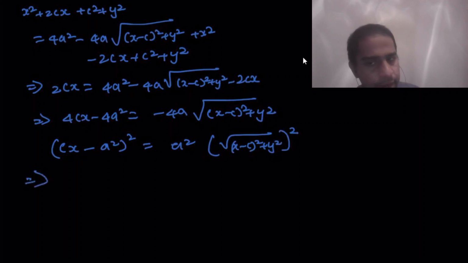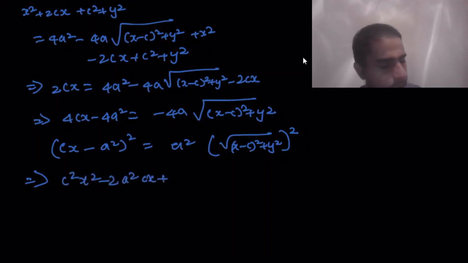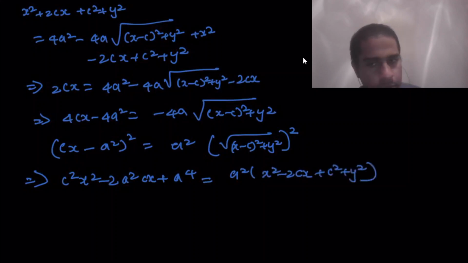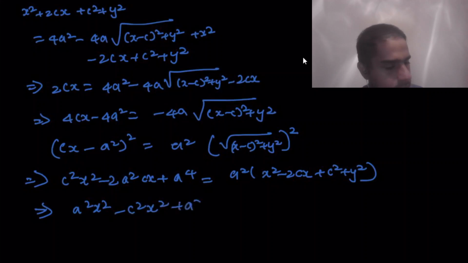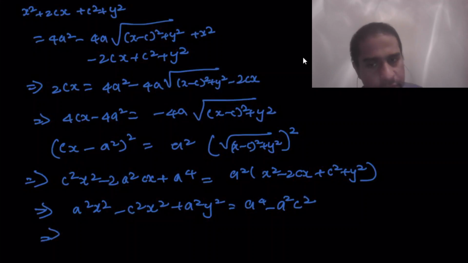Now expanding here, we get, taking a square minus c square as common here.